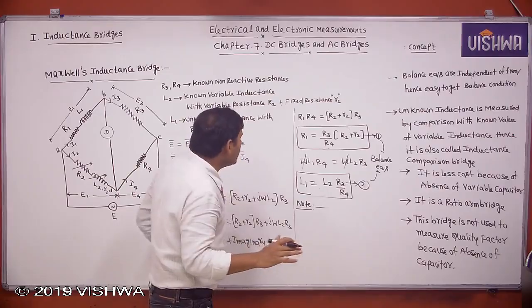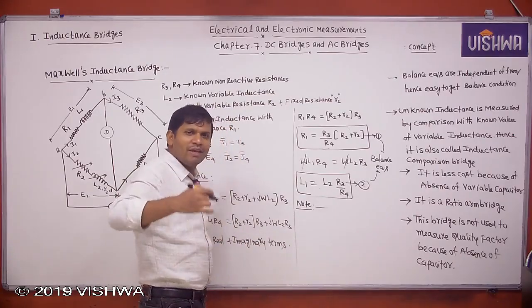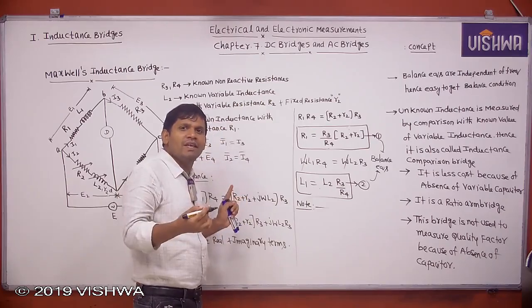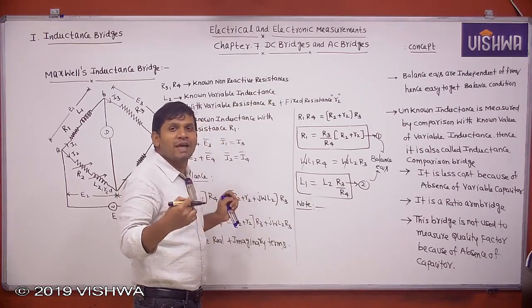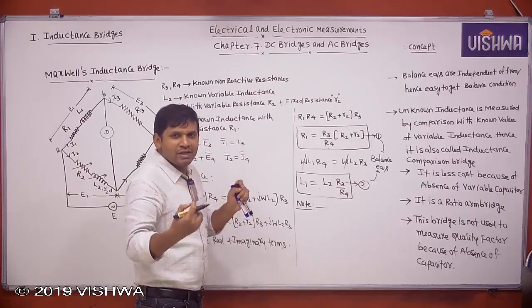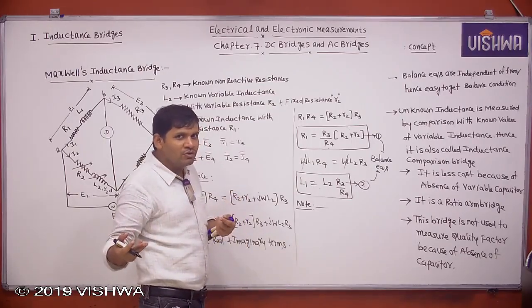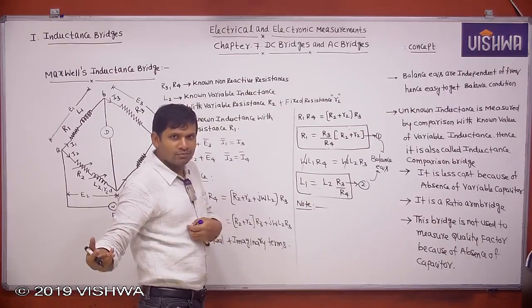Why? What do you mean by the bridge is balanced? By varying the parameters, we can fix the R1 and L1 values in such a way that the galvanometer shows zero deflection. If it is a detector, it gives the minimum sound. If the detector is headphones, we can measure it as minimum sound.